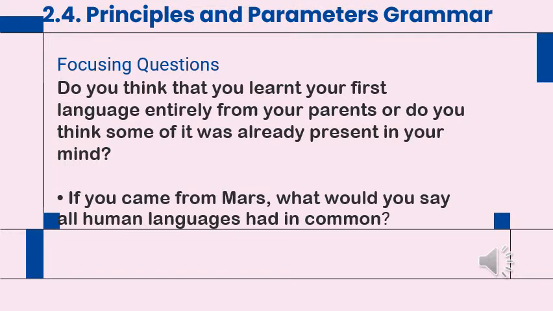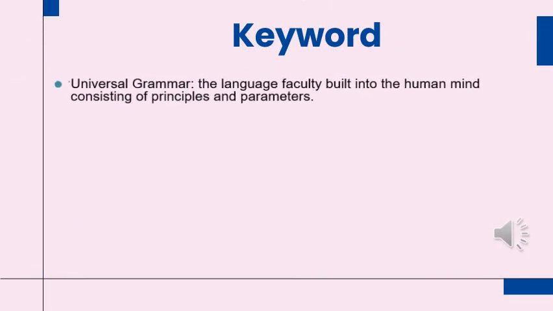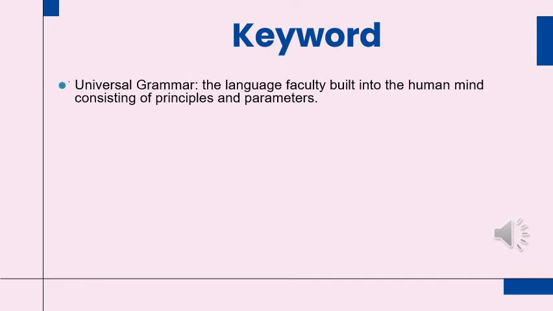If you came from Mars, what would you say all human languages had in common? The key word here is universal grammar, which means the language faculty built into the human mind, consisting of principles and parameters.